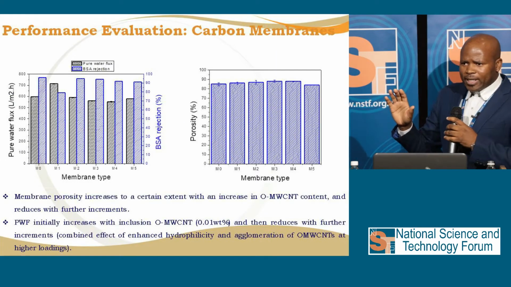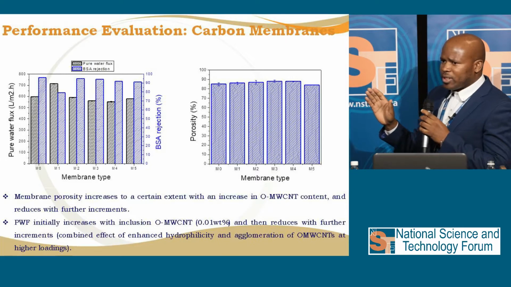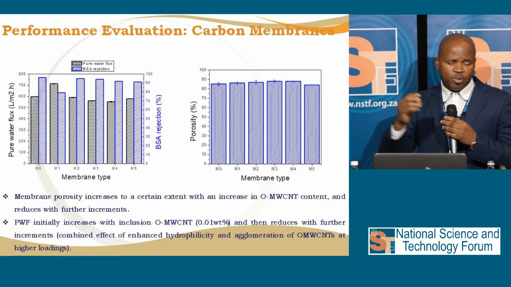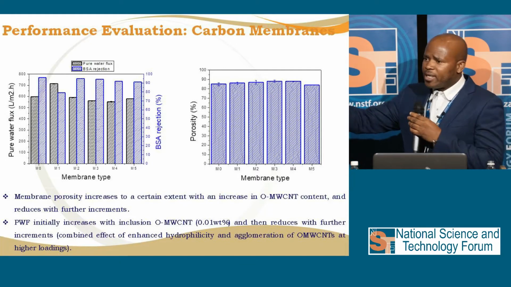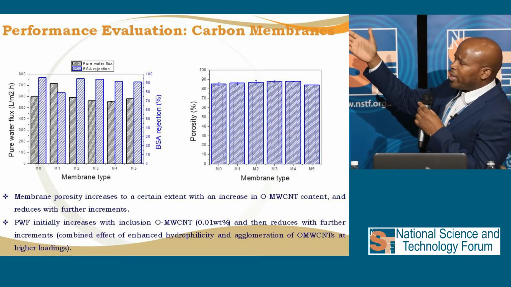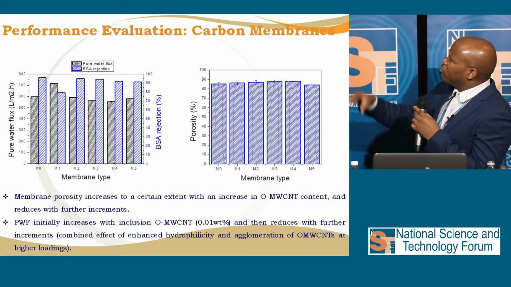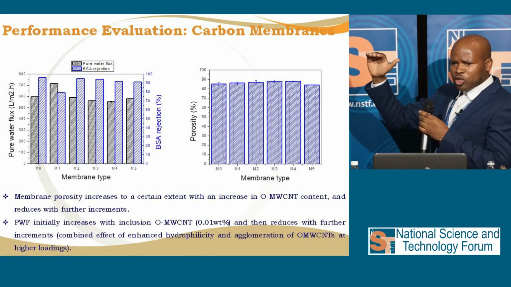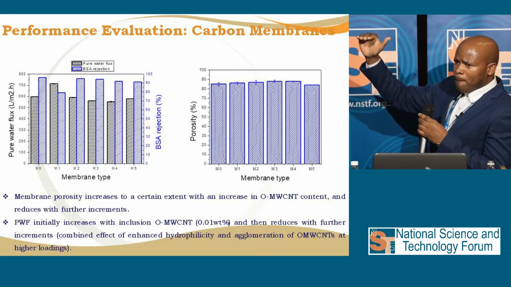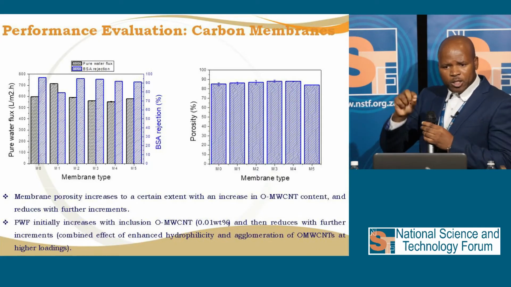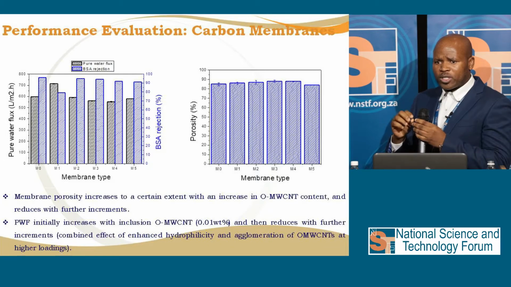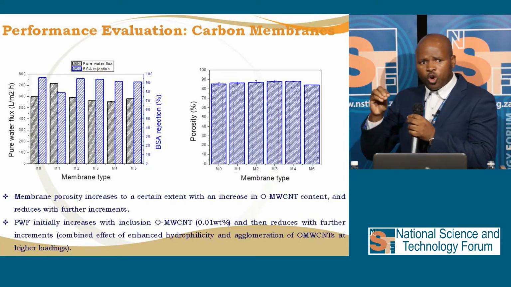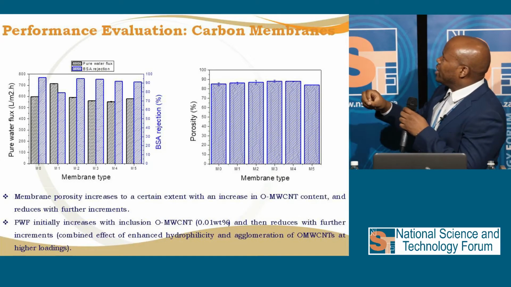And then importantly, one of the issues that we look at is the performance of the membrane, because you must test it in the lab before you go out to industry. So if you look at the first graph on your left, it's your pure water flux. So you're looking at the flux values, and you adjust the flux in our case by using the carbon nanotubes, because like I've already spoken to you, the structures are controlled by the use of these particular materials.